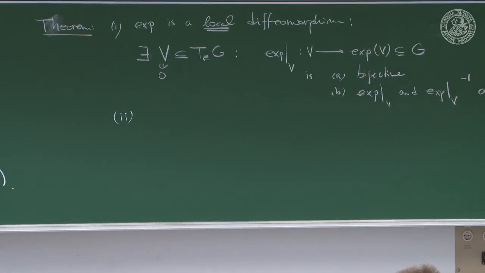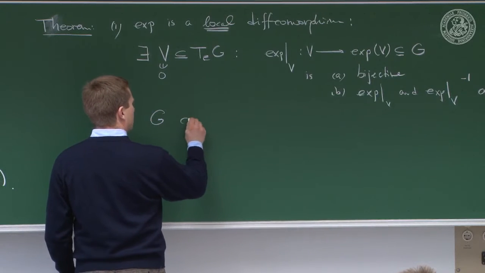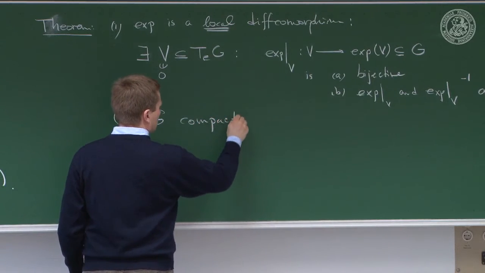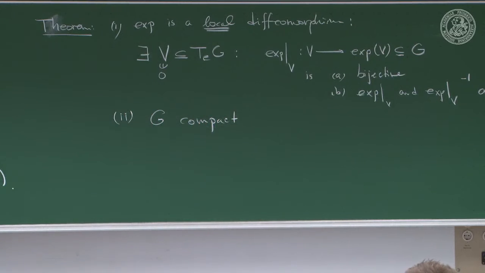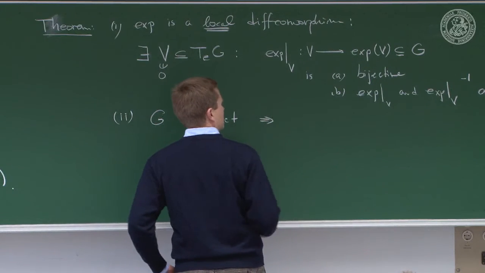Second, if the Lie group G is compact, then exp is surjective.